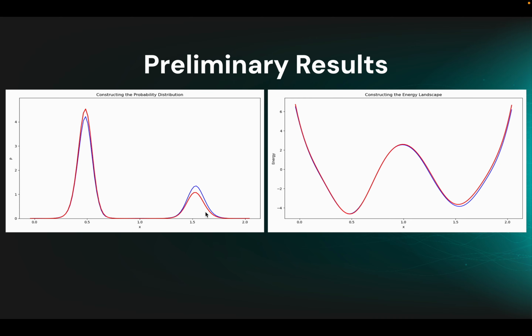As iterations increase, we can see that our blue curve is approaching the true probability distribution. And similarly on the right, this shows the energy landscape. So this is showing the blue curve as we again update the weights, approaching the true energy landscape of this two-well system.